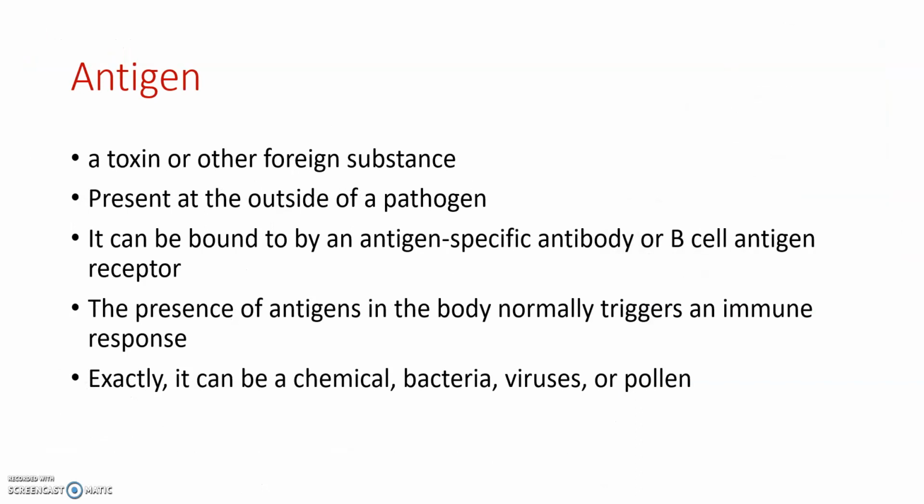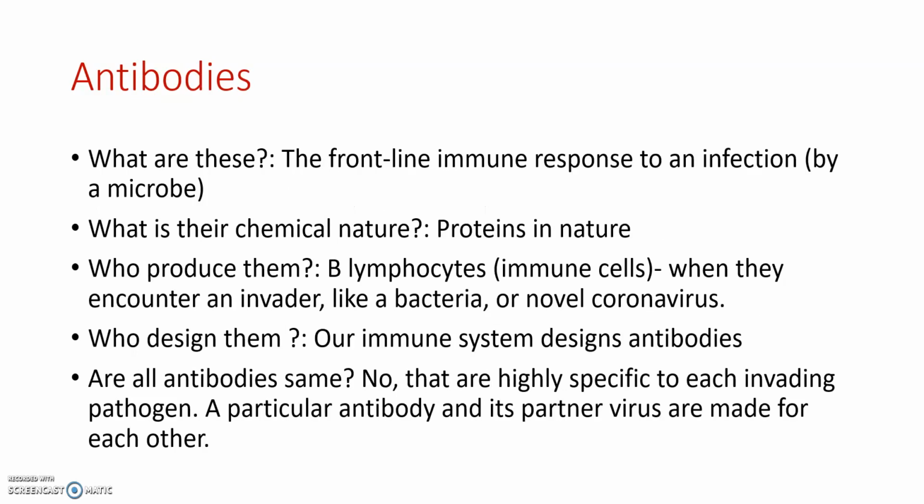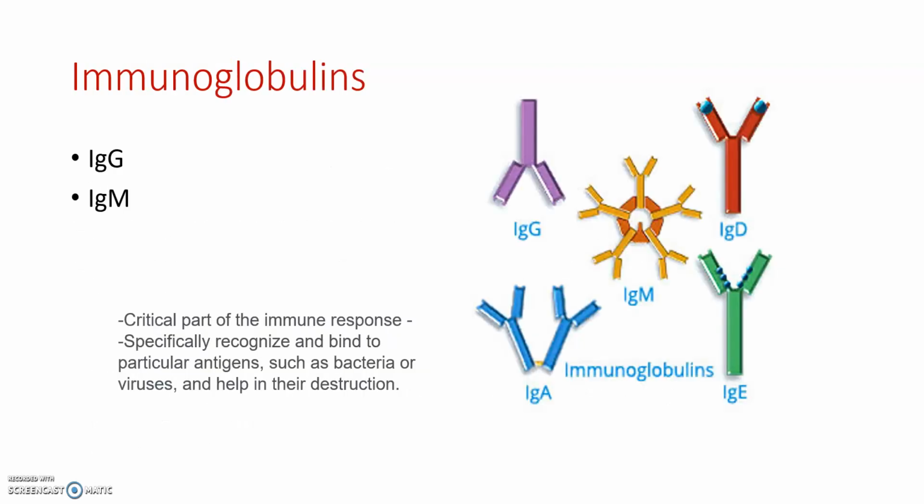Then we learned about antigens, which are the foreign substances which invade the body of the host. The antibodies which are produced once an antigen enters the body of the host are proteinaceous in nature. And immunoglobulins, which are the freedom fighters, you can say, for our immune system, which will actually fight.